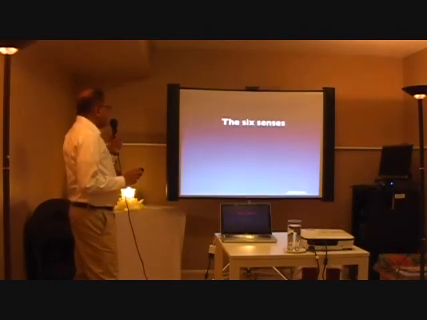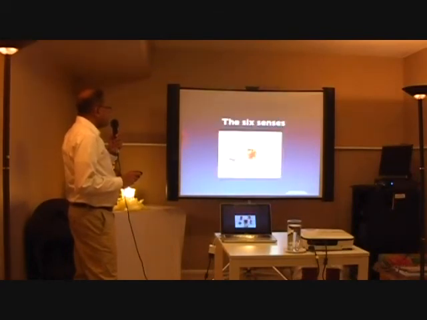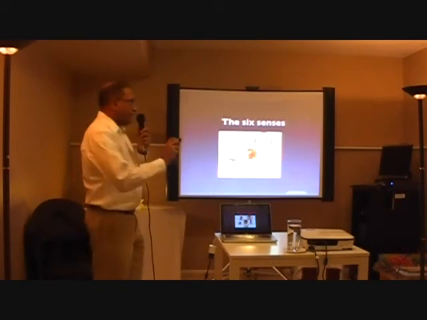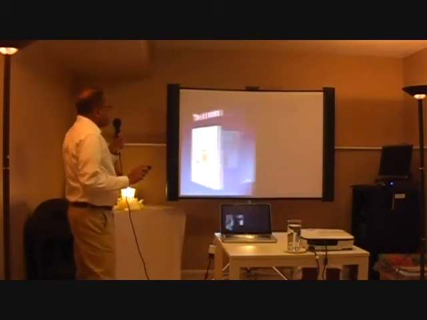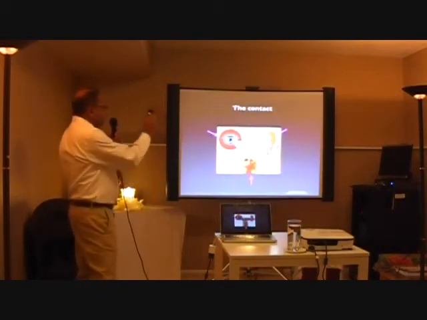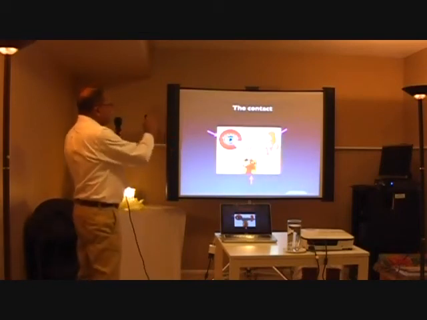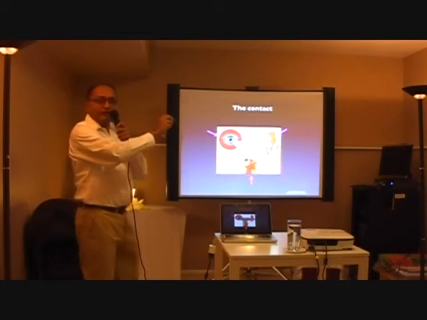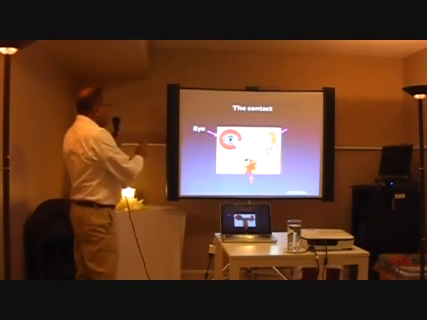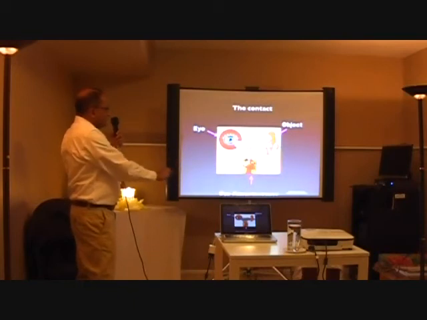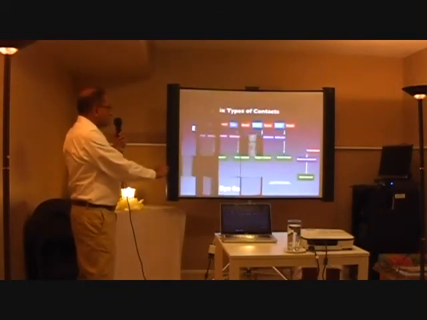Now let's see how our six senses work. For example, we'll just focus on one sense organ, the eye. This is a very important concept we need to remember. It's called contact, or phassa in Pali. When the eye meets an object, there's eye consciousness.